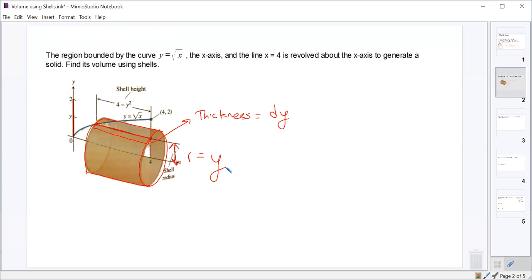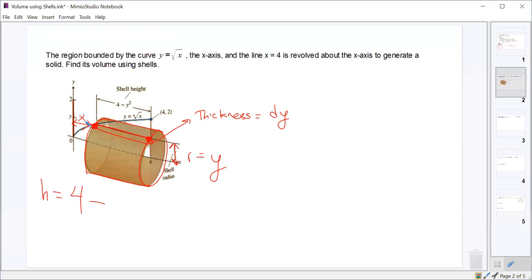So our radius is just going to be y. And then the height is just the length from here to here. Well, that would just be the distance from the rightmost function. What's the rightmost function? X equals 4. So the height is just going to be the distance between 4 and the left function. Well, the left function, what's the distance that I've gone over here?